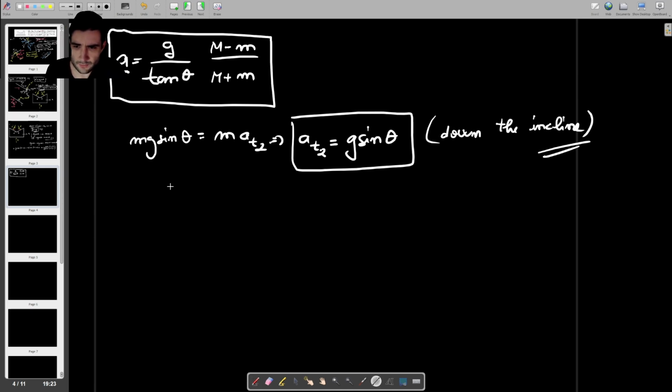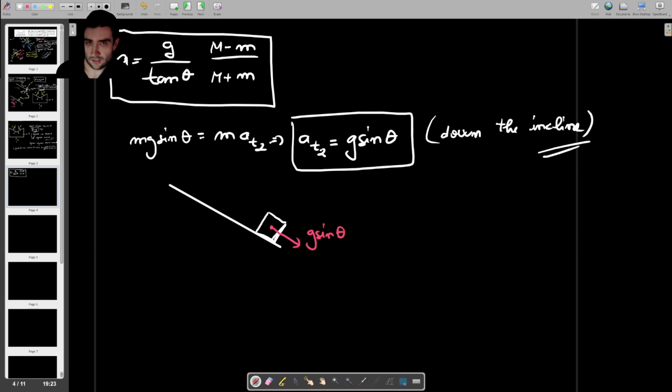So let's think what happens to this second object. If this small m is accelerating down the incline with an acceleration which is g sine theta, the only way in which it's going to start climbing up the wedge is if the wedge itself has an acceleration component in the tangential direction greater than g sine theta, essentially.